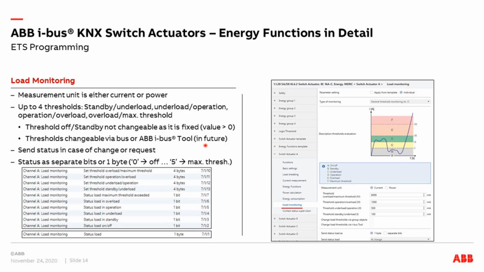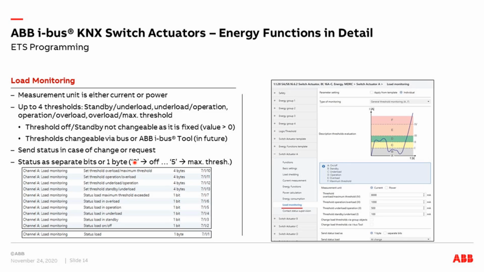And what happens if you're in one of these ranges? You get a telegram on the bus. You know exactly in which range of load I'm right now. And you can choose between individual 1-bit objects. You see it here, I have 6 enabled, from on-off, standby, overload, underload, and so on. Or you can also receive a 1-byte object, and there it's relatively simple.